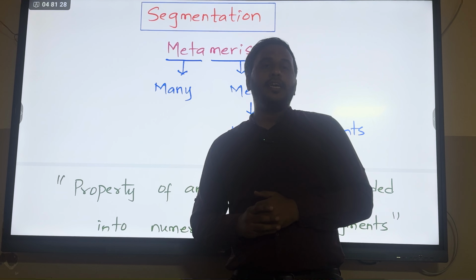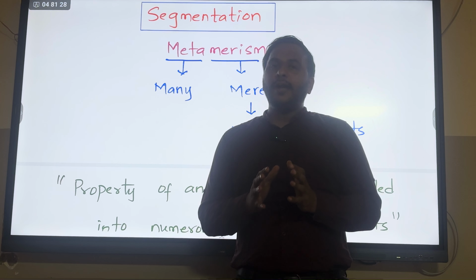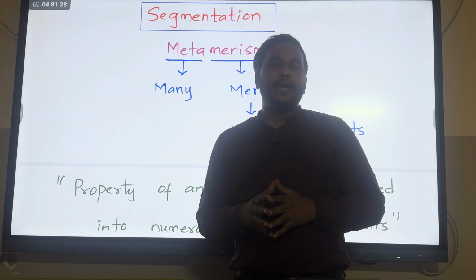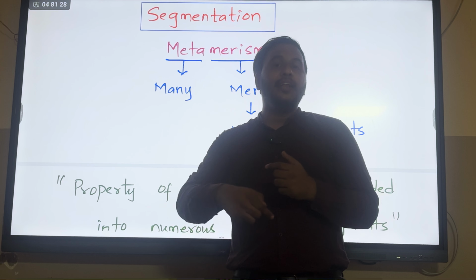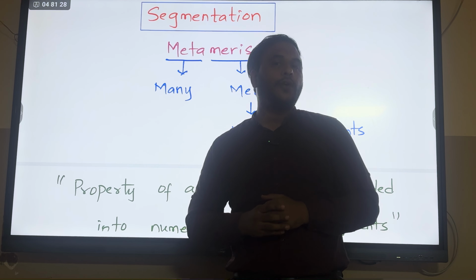The next criteria is segmentation. Segmentation, we also call metamerism. Meta means many, meres means ring-like segments, so this property is called metamerism.